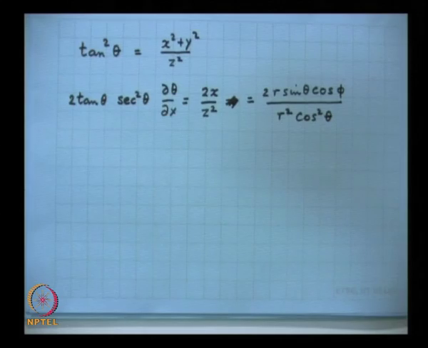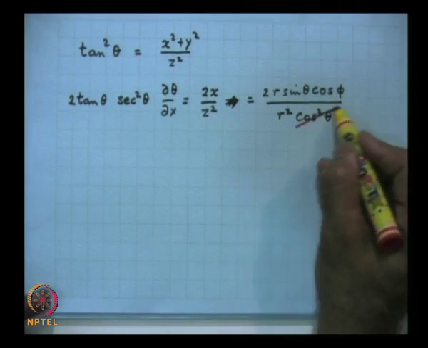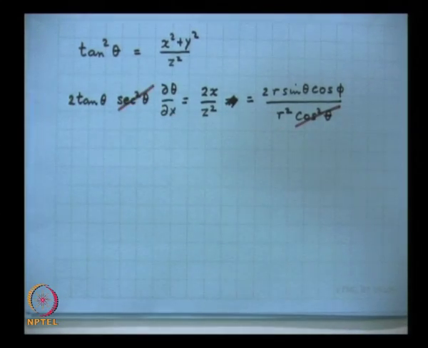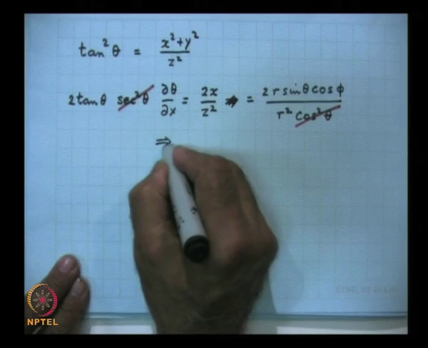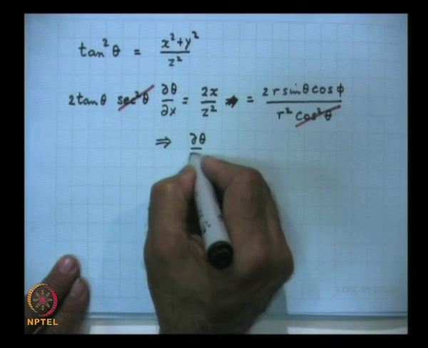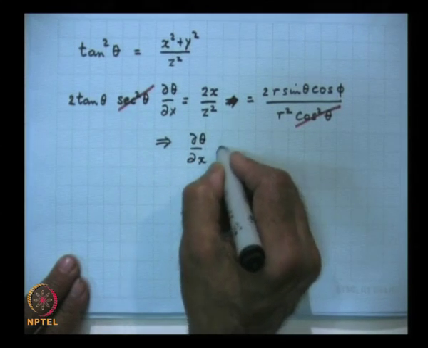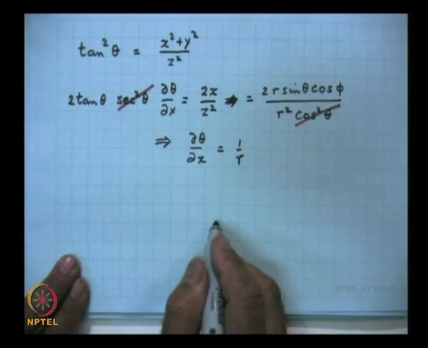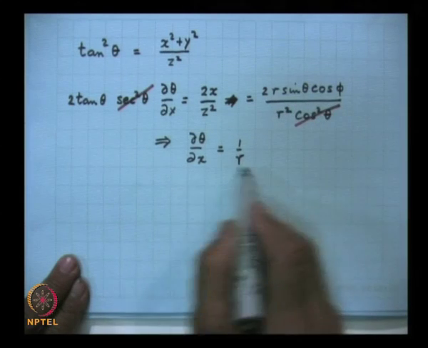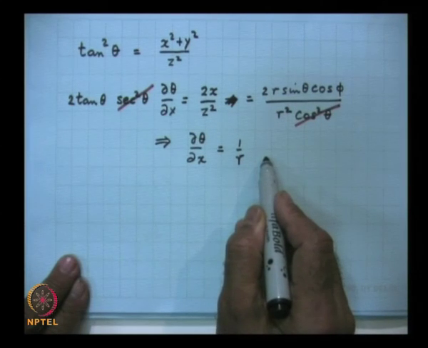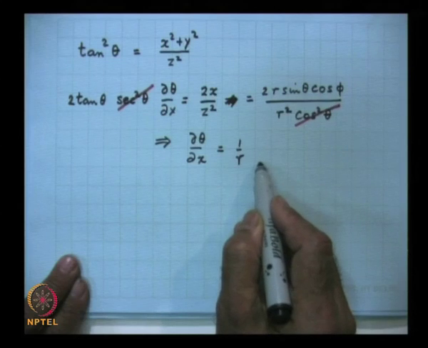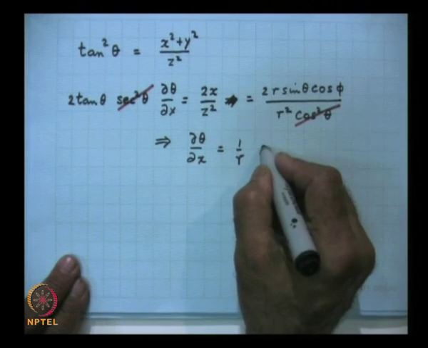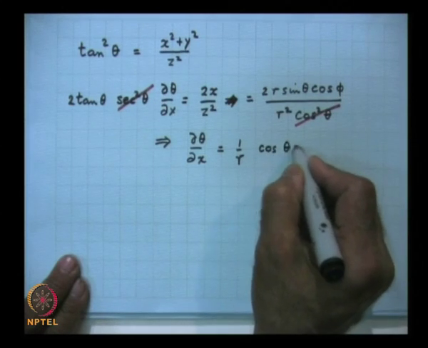The cos square theta and sec square theta cancel out and 2 cancels out. Therefore, delta theta by delta x will be 1 over r sin theta cos phi by tan theta. Tan theta is sin theta over cos theta, so this will be just cos theta cos phi.